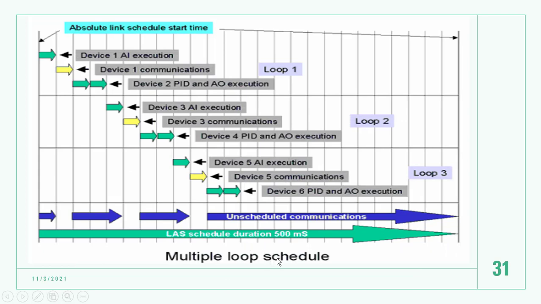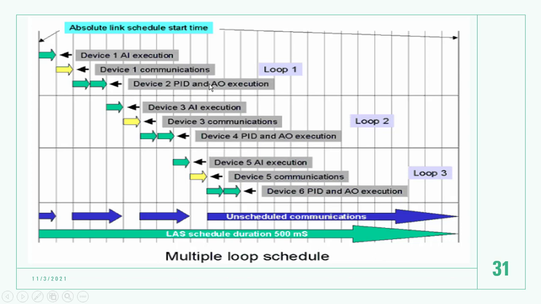This is a multiple loop cycle. Same thing: device 1 AI executes. After that, device 2 does PID and AO. Then device 3 AI execution. For example, device 1 AI action, after that communication to device 2.